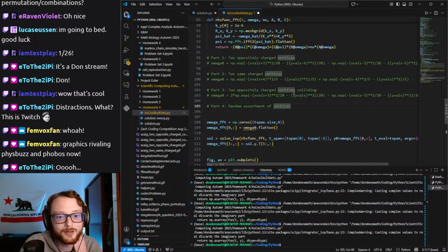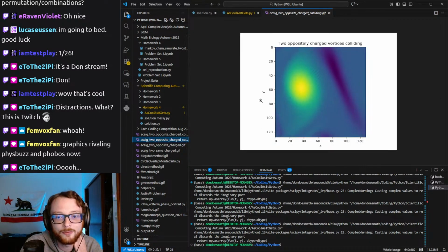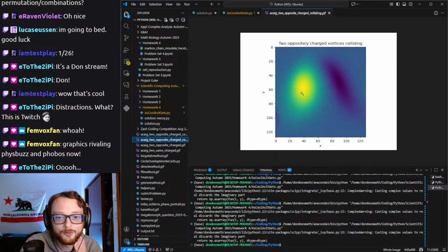But yeah, so I got stuck. I'm supposed to be able to make two vortices with opposite charges collide, but they've kind of been repelling each other, and so I've been struggling to get the right initial conditions to make them collide. This one's a cool one too, but it doesn't.